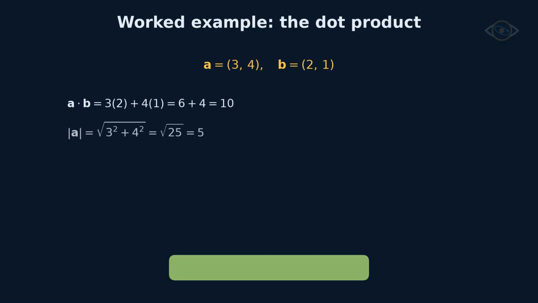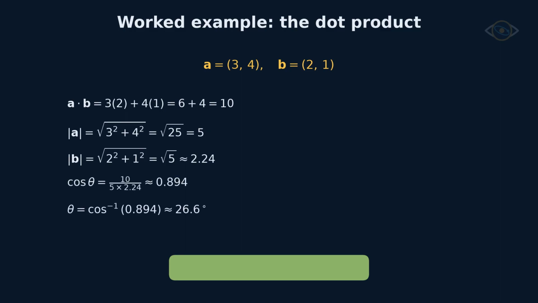Let's make it concrete. Take A equals (3, 4) and B equals (2, 1). The dot product is 3 times 2 plus 4 times 1, 6 plus 4, which is 10. And the lengths: A is 5, B is about 2.24.